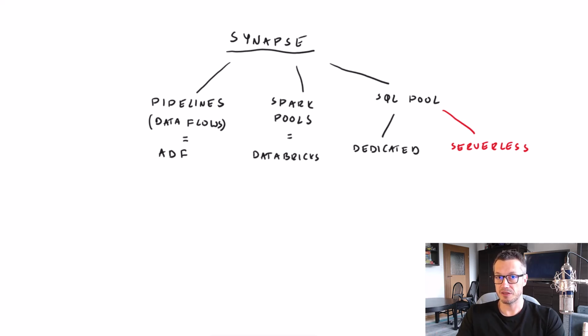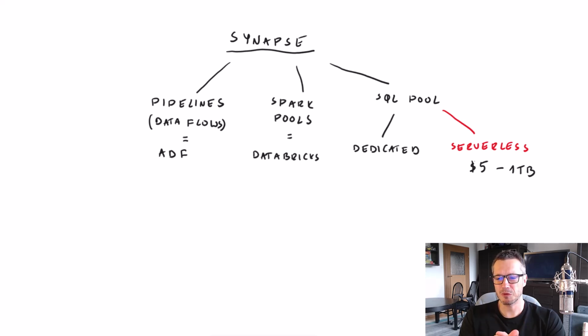In serverless, you pay for what you use. And basically you pay for the amount of data that you processed. And the price is quite interesting because it is really cheap. So basically you pay $5 for 1 terabyte of processed data. So it might be really a cheap option.